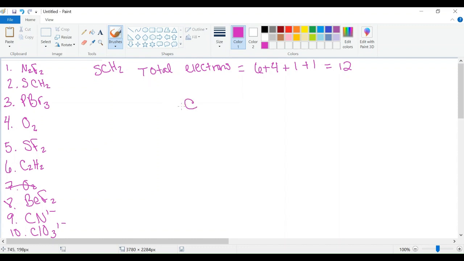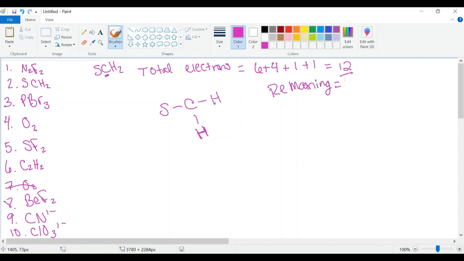So I'm going to draw my skeletal structure. I'm going to draw an S on it, an H on it, and an H on it. You guys wouldn't know without me telling you what goes in the middle, so I would tell you carbon is the central atom here. Okay, so I have my skeletal structure. Next, I want to find my remaining electrons.